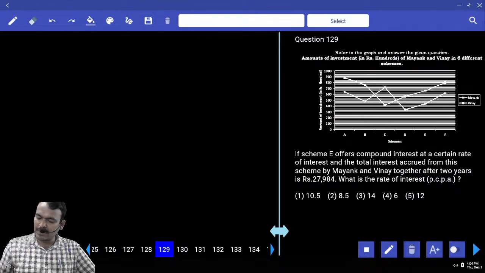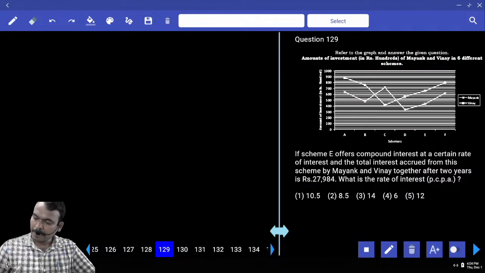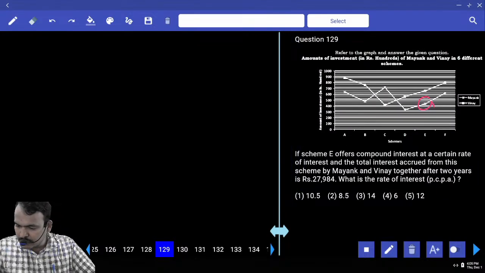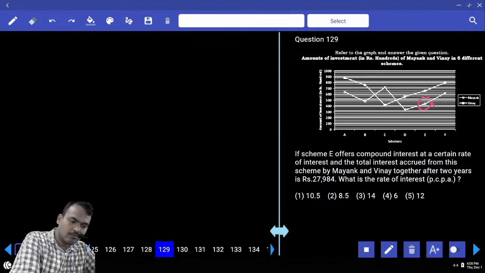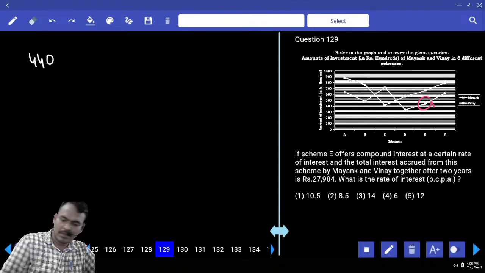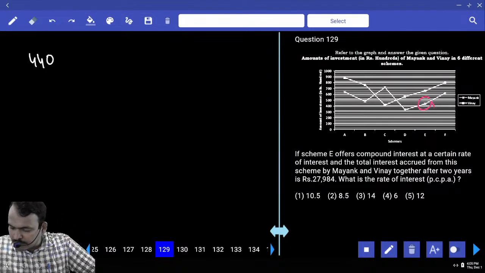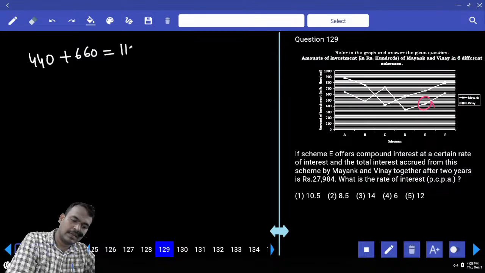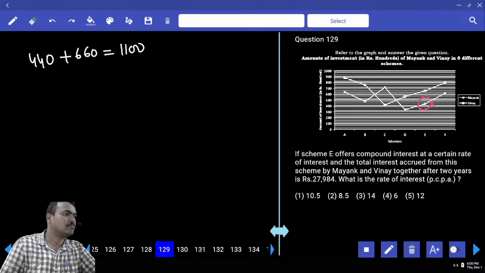What is the Mayank investment in scheme E? 440. Next, what is the Vinay investment? 660. 440 plus 660 is 1100.